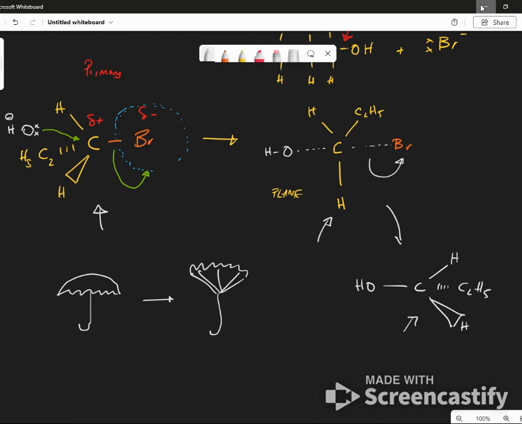It is attracted towards species carrying a full or partial positive charge, with which it can form a dative covalent bond.